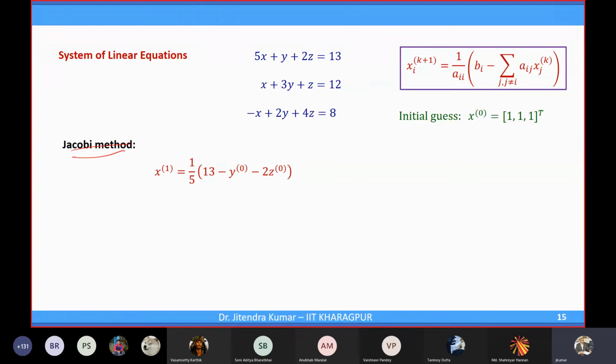So while writing for the Jacobi method, as I said, from the first equation you write down x, and y0, z0 you use. There was 1, 1, 1. We started with 1, 1, 1. We can start with 0, 0, 0 also, and we will discuss that. Does it matter what initial guess you take? It matters only for the speed of convergence.